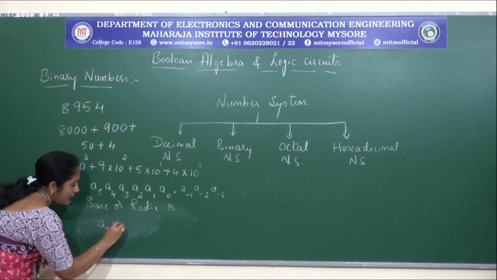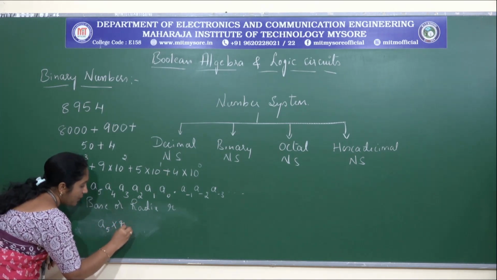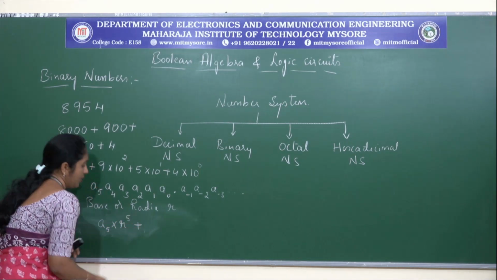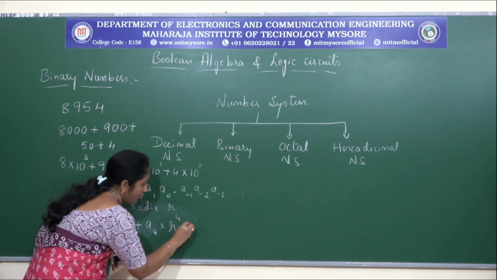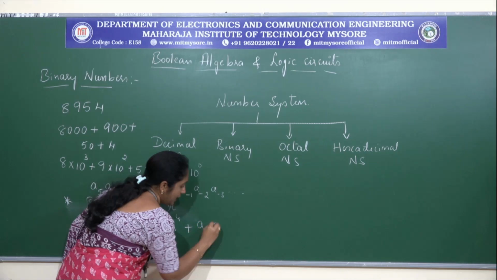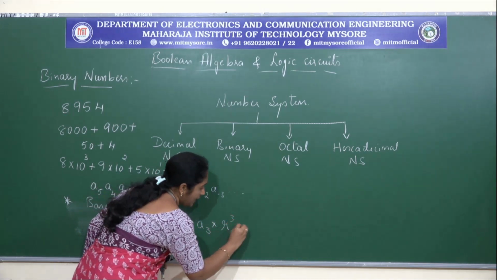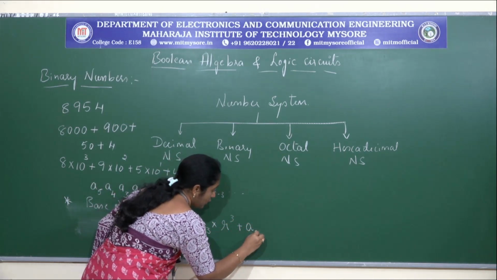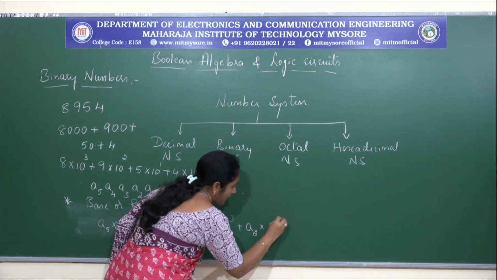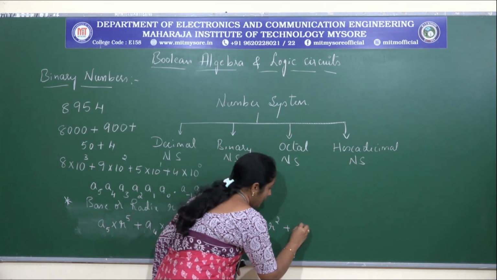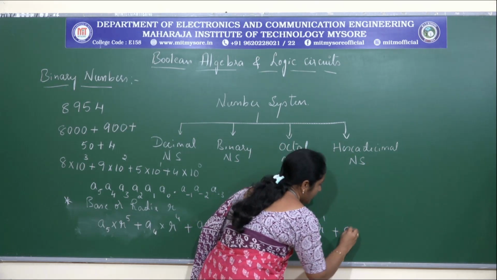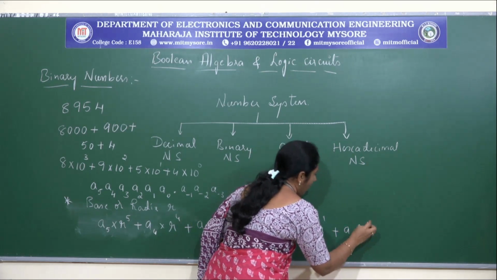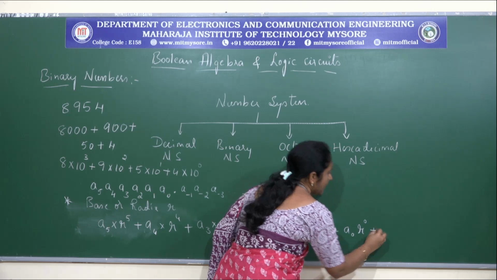A5 into R to the power 5 plus A4 into R to the power 4 plus A3 into R power 3 plus A2 into R power 2 plus A1 into R power 1 plus A0 into R power 0 plus.